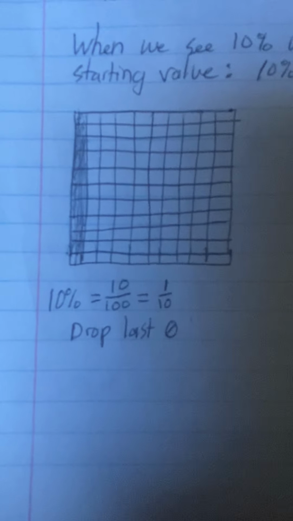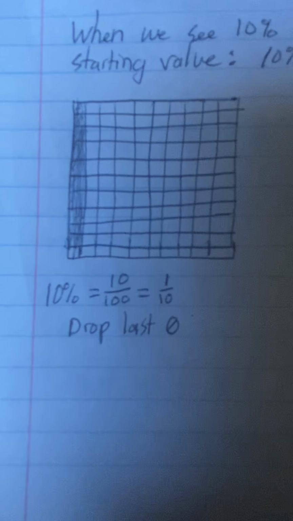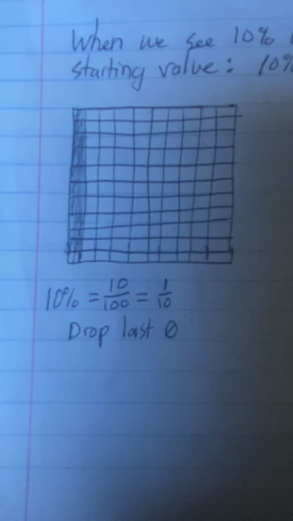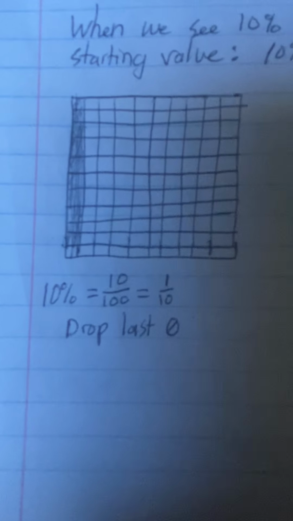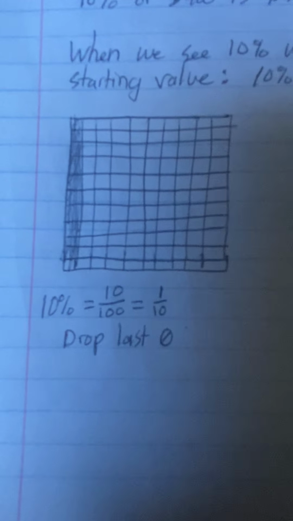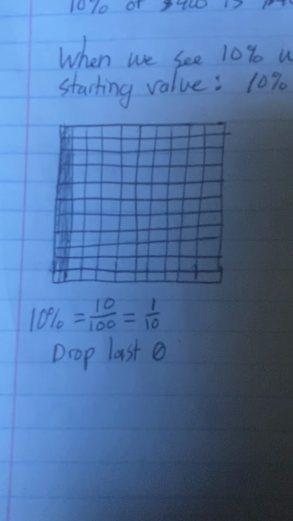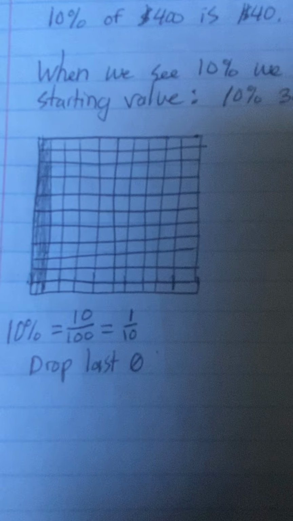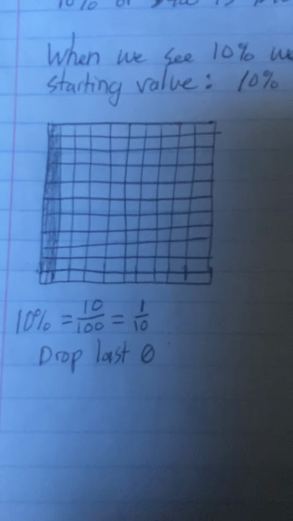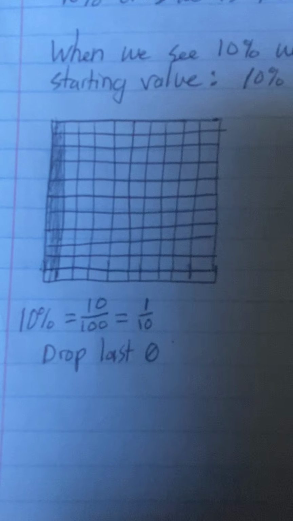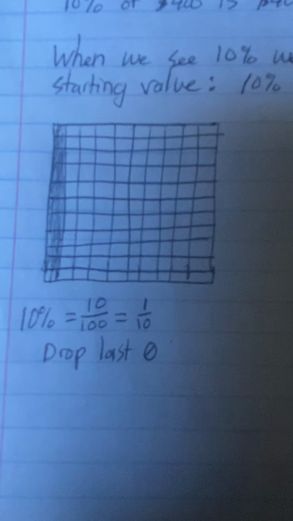I just filled in the first column. So 10% is equal to 10 out of every 100. So we represent that as a fraction with 10 over 100. And we can simplify that to 1 over 10. Okay? And the benchmark is drop the last zero.